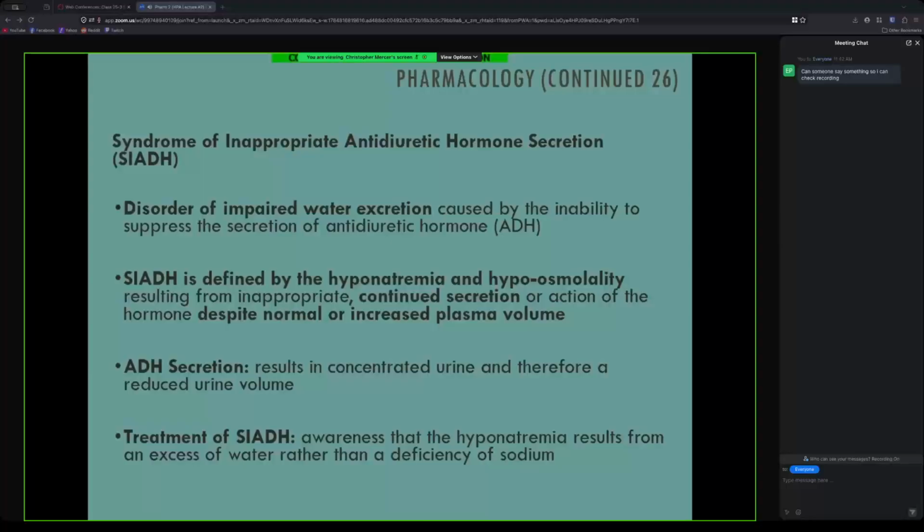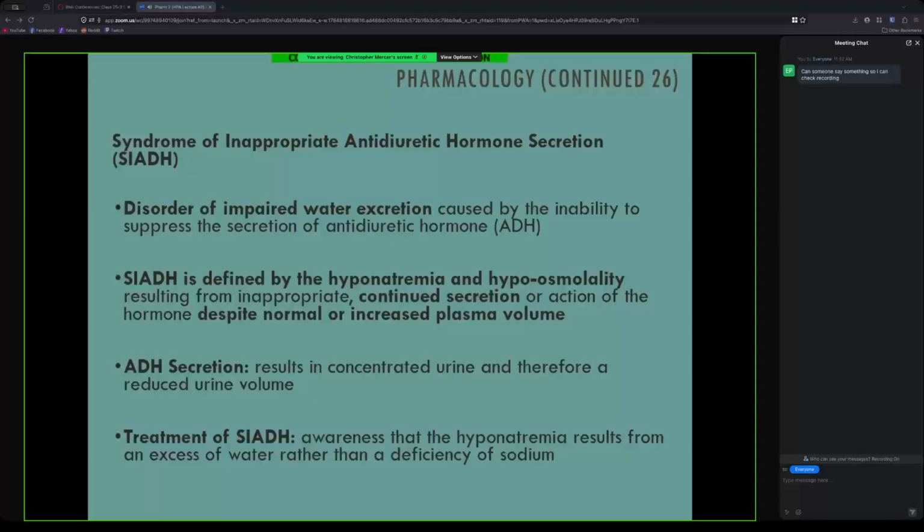So what it's going to cause is hyponatremia and hypoosmolality, because water is being retained inappropriately. We're kicking out antidiuresis with no feedback shutting it down. So we get dilutional hyponatremia. Urine is going to become inappropriately concentrated and low volume because we're keeping all those fluids in our system.